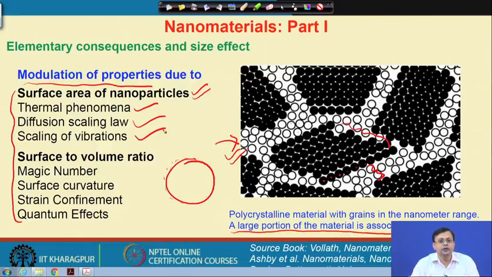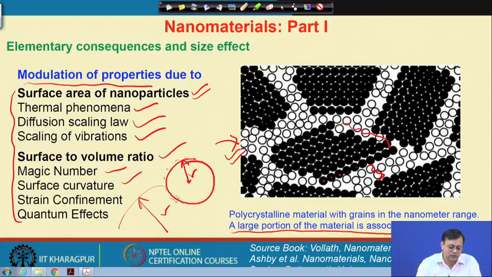Now, each and every particle has its own vibration, and vibration depends on the length scale of the object.